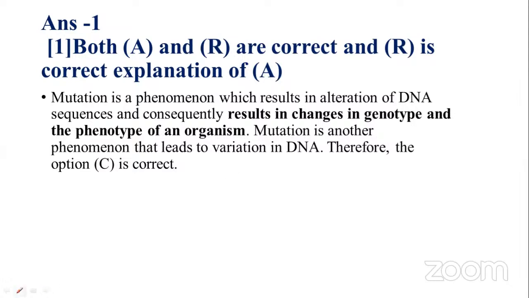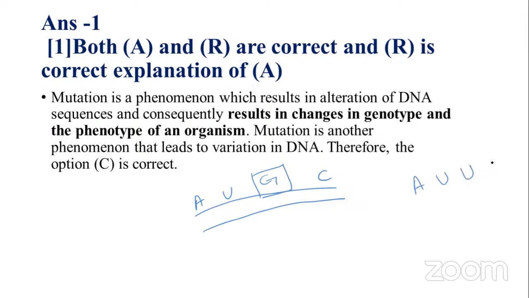For example, you already know one of the nucleotides is there. Just imagine any one of the nucleotides. Results change in the genotype and the phenotype. For example, this is considered a DNA molecule. Here the combination A, U, G, starting codon, and C is also there. Just imagine mutation occurs in this part. As a result, it may change to A, U, U, and C like that.